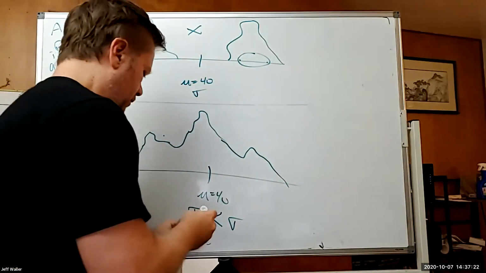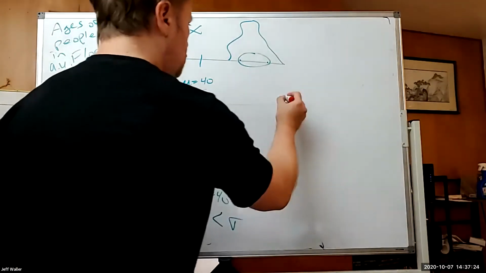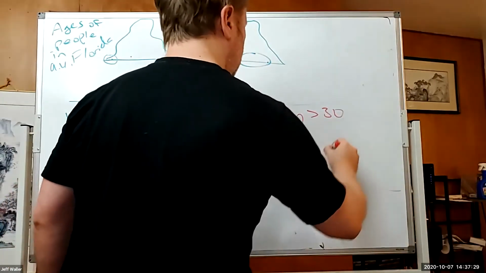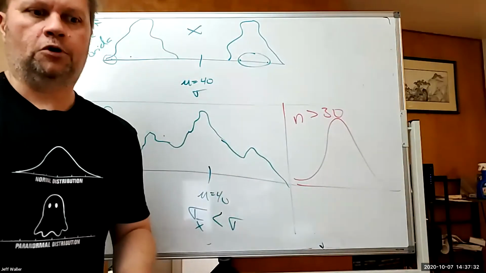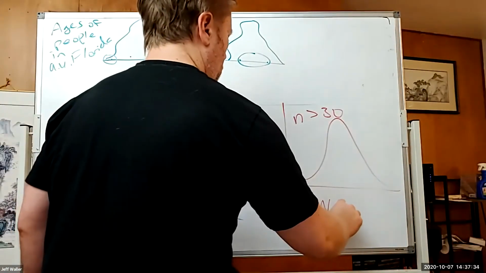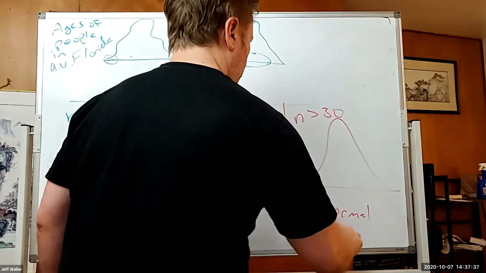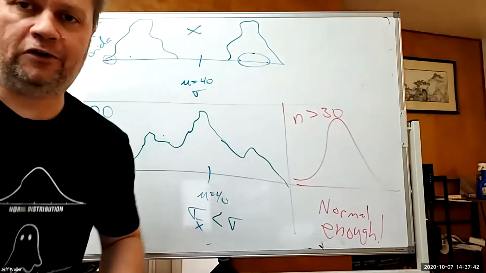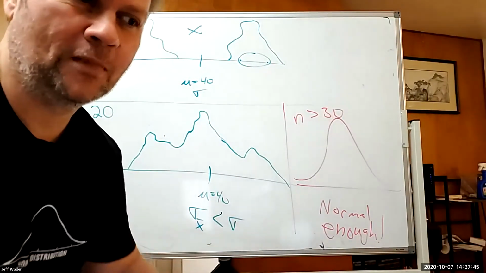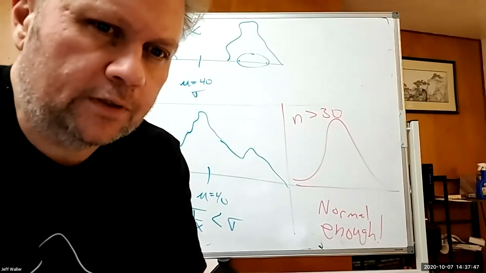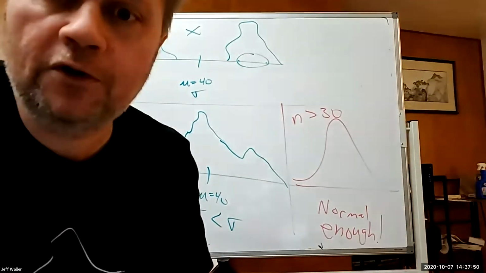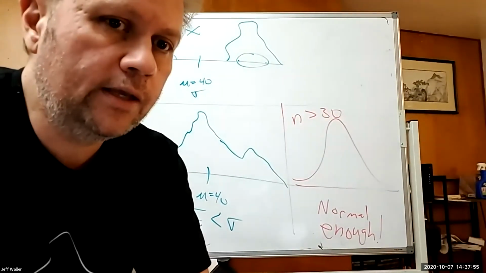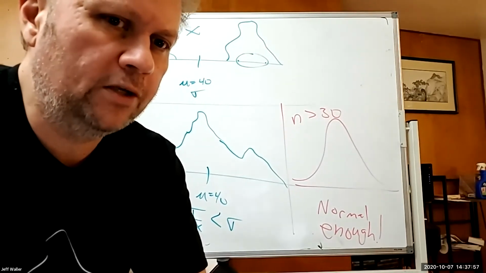So here's the trick. Here's the cool thing. Once you get to greater than 30, your picture becomes normal, or normal enough. Normal enough for what? What was the big thing with chapter 6? Z-score? Yeah. No, be careful. I want to be really careful. I'm glad you said it like that. I can always calculate z-scores, but they have to be normal for me to do what with the z-score?